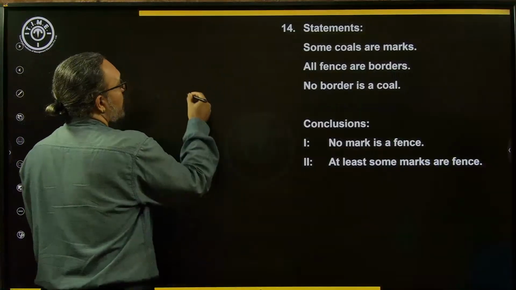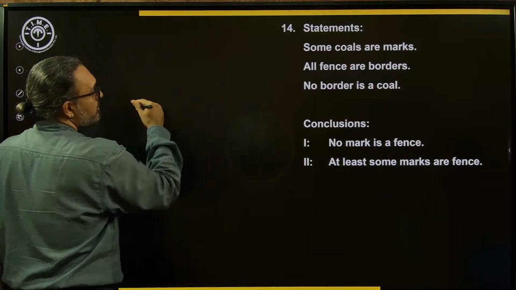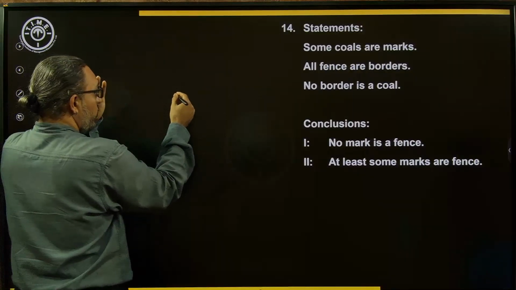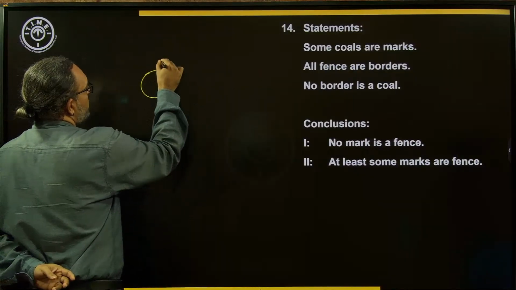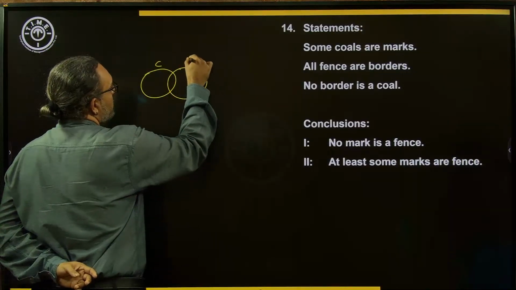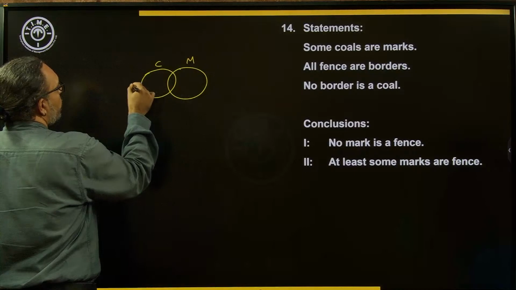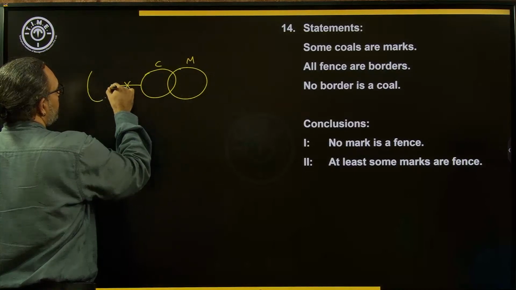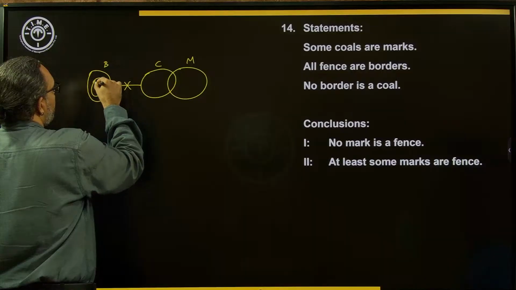So we have some coals are marks. Then we have all fences are borders, and no border is a coal. Okay, so we have some coals are marks. Then we have no border is a coal, and all fences are borders.